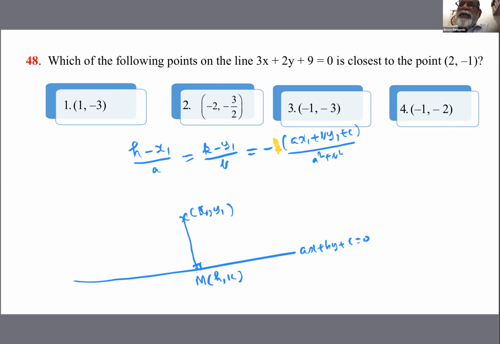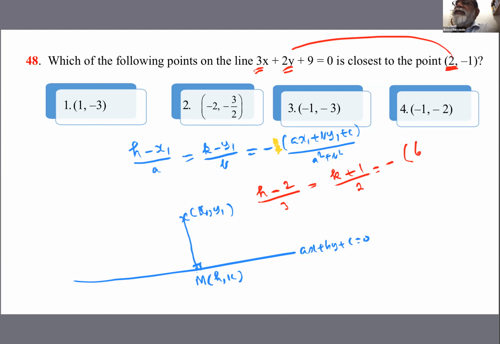Now substituting, what happens? h minus 2 by a, the coefficient of x, that is 3. k plus 1 by b, coefficient 2, equal to minus of the substituted point: 6 minus 2 plus 9, divided by a squared plus b squared, 9 plus 4.